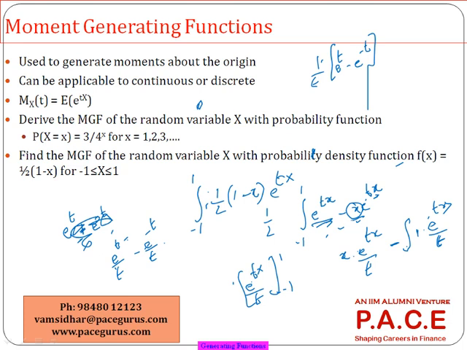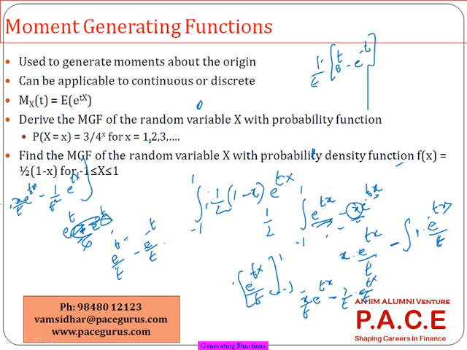The second one becomes x into x by t into e power tx, minus, if I take 1 by t out, the integration of e power tx, which is e power tx by t. So the simplification becomes x by t e power tx minus 1 by t square e power tx. This is the expansion.